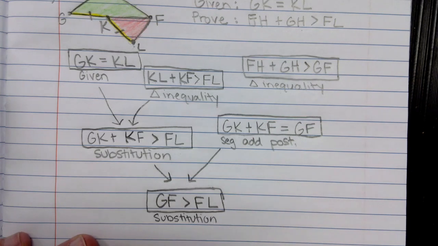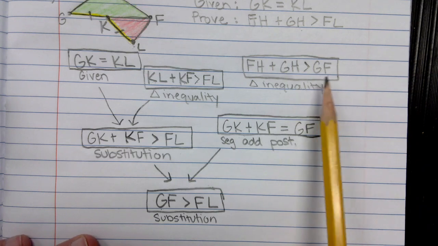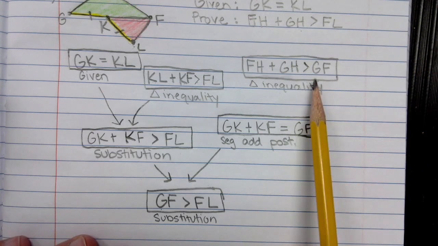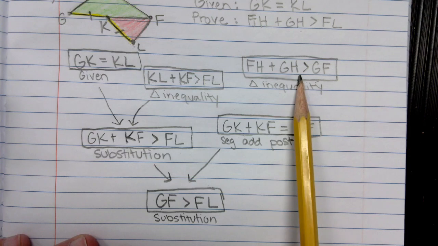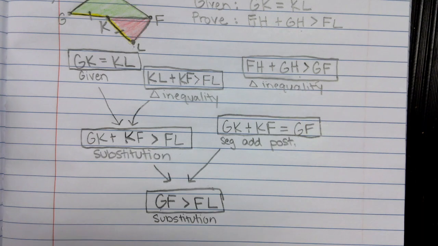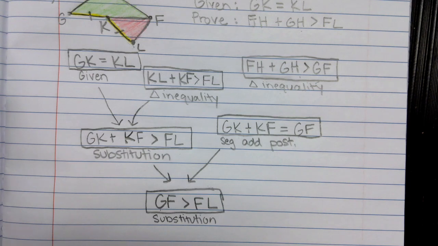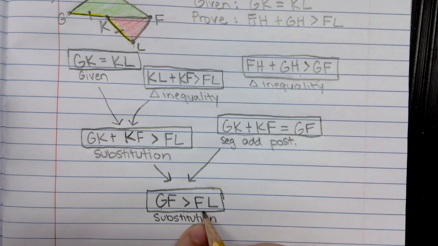Remember when we lined people up and I said I'm shorter than Olivia, and Olivia was shorter than Mohammed? Then I'm still the shortest, and Mohammed is still the tallest. So in this case, FL is the smallest. FL is smaller than GF, but GF is also smaller than FH and GH. So FL has to be smaller than FH and GH.